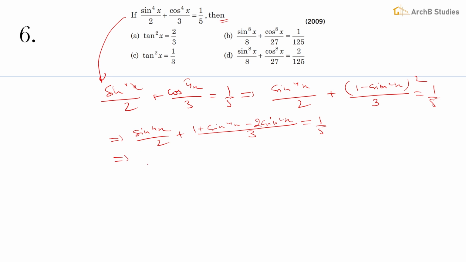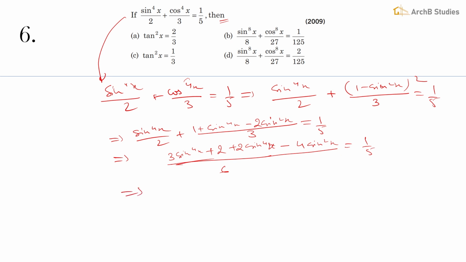This is equal to, taking the LCM, which will be 6, 3 times sin^4 x plus 2 times (1 plus sin^4 x minus 2 sin^2 x) equals 1 by 5.